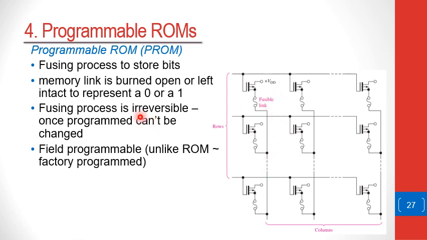Fusing is irreversible, and once programmed, it can't be changed. The difference between mask ROM and programmable ROM is that the programmable ROM is field programmable, and you program it whilst in the field. You buy a blank chip and then program it afterwards, whereas the mask ROM is programmed at the factory.